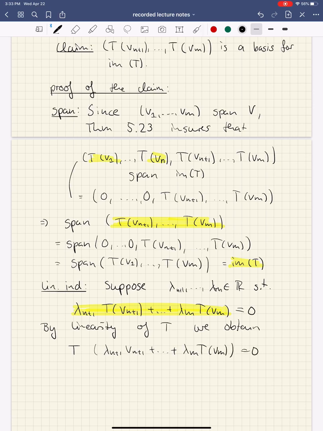And then at this point, T of this expression is equal to 0. This means by definition, whatever is written inside has to be an element in the kernel. Oh, and pardon me, obviously this T should be gone. This is the correct thing.